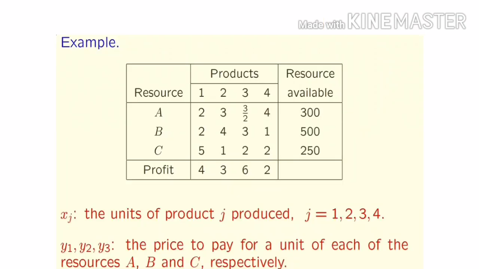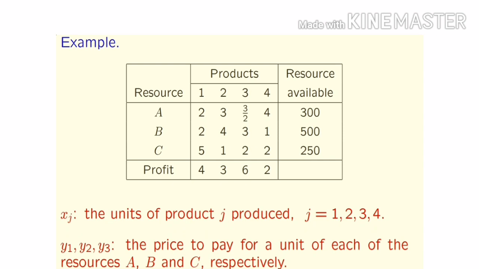Suppose a food product company produces 4 kinds of food products 1, 2, 3 and 4, and each of the products requires 3 kinds of resources, say nutrient A, nutrient B and nutrient C respectively. Suppose each unit of food product 1 requires 2 units of nutrient A, 2 units of nutrient B and 5 units of nutrient C. Similarly, each unit of food product 2 requires 3 units of nutrient A, 4 units of nutrient B and 1 unit of nutrient C respectively.